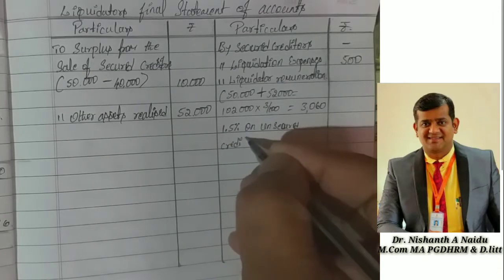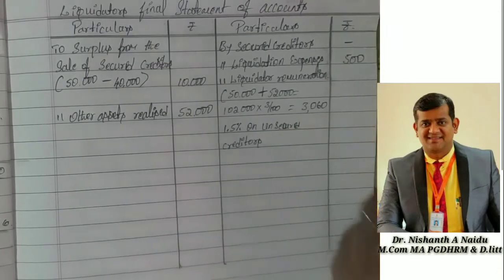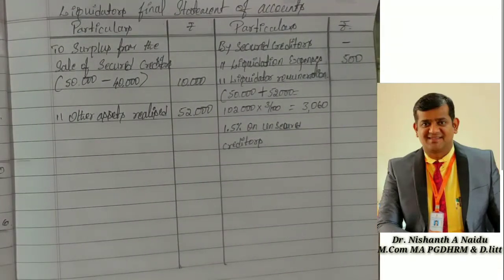So now we are supposed to calculate how much the unsecured creditors are. What is the value of unsecured creditors? To calculate unsecured creditors, what are we supposed to do? We have to do a working note. Okay, so let us do the working note now.